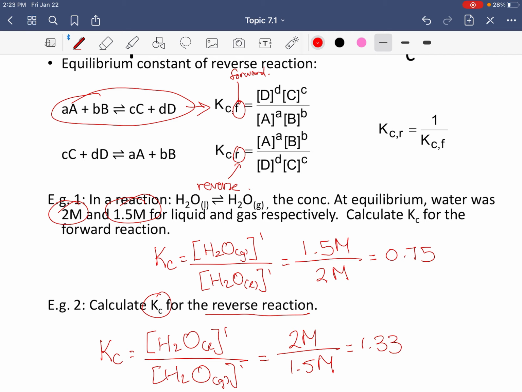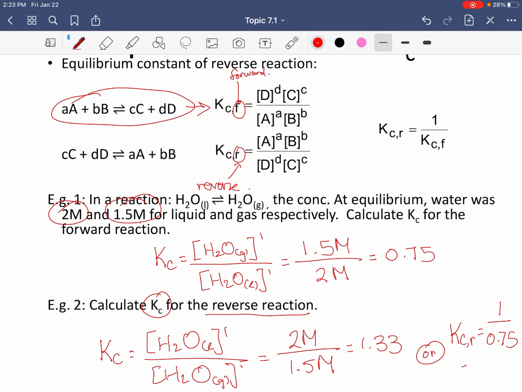Do we have to go through that much trouble to get 1.33? No, of course not, because we know that the reverse reaction is just the reciprocal of the forward reaction. So if the forward reaction is 0.75, the reverse reaction in this case is just 1 over 0.75.